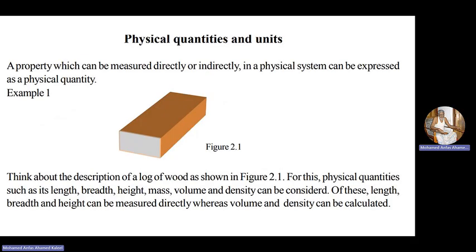Physical quantities and units. A property which can be measured directly or indirectly in a physical system can be expressed as a physical quantity. Some of the quantities we may directly measure, and some we cannot directly measure, so we have to calculate them indirectly.